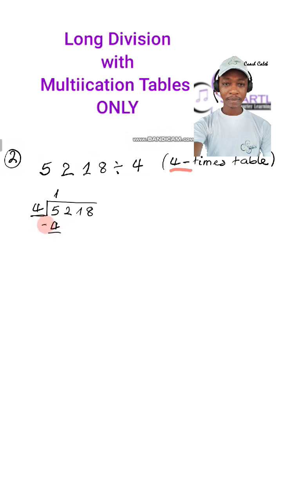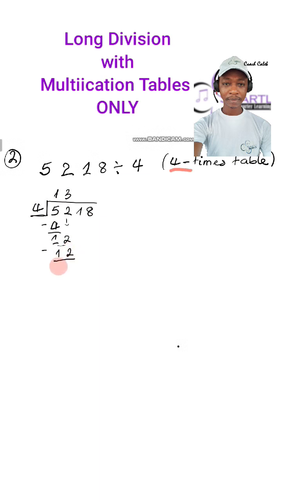Subtraction, 5 minus 4 is 1. Bring down 2. So these two combine to give us 12. So 12 divided by 4, is 12 there, yes or no? Yes. How many times? On line 3. So 3 times 4 is 12.